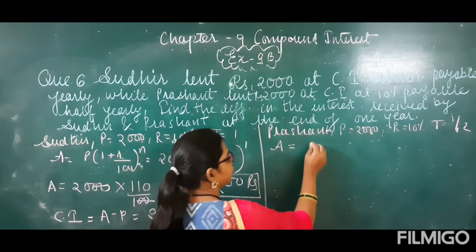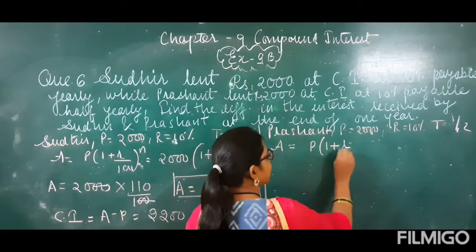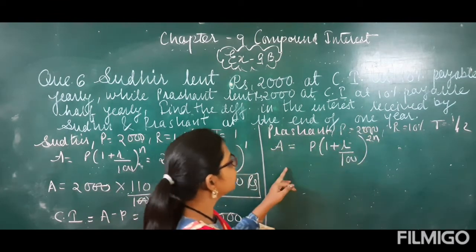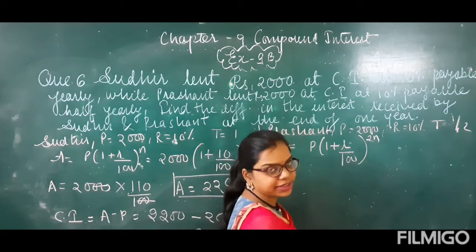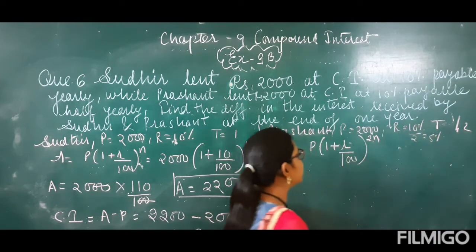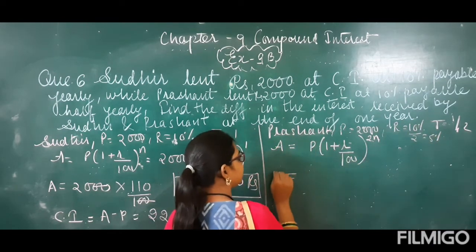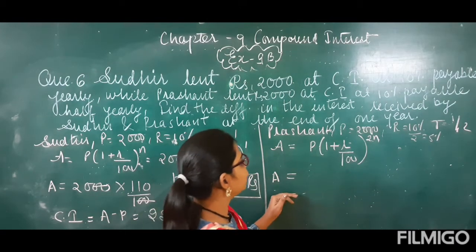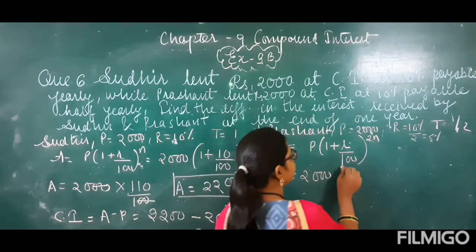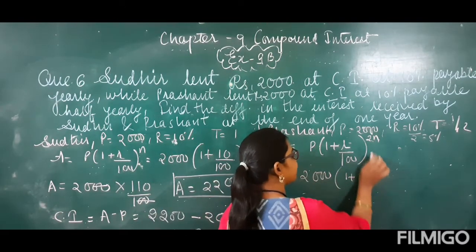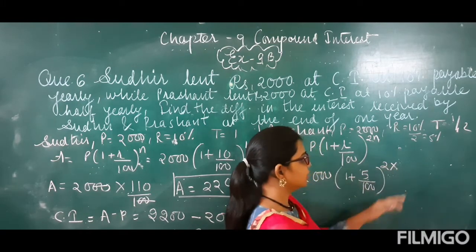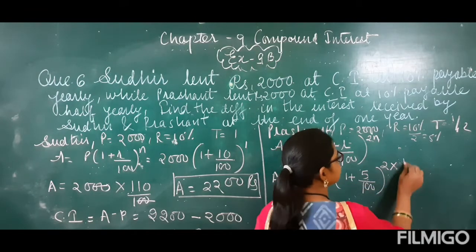The formula for amount will be principal into 1 plus r upon 100 to the power 2n. So here you know in half yearly, the rate is divided by 2. So this will be 5%. Now substitute the value in the amount formula. Here you will get 2000 into 1 plus r, that is 5 upon 100 to the power 2 into n. Here it is half yearly, so this is 1 by 2.